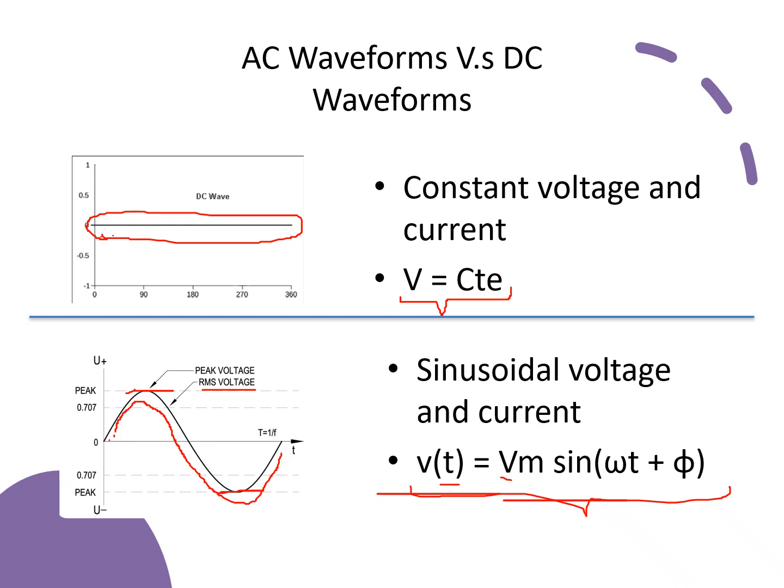So Vm is actually the peak value, and omega is the frequency, which we're going to learn a little bit later, and phi is actually our initial phase.